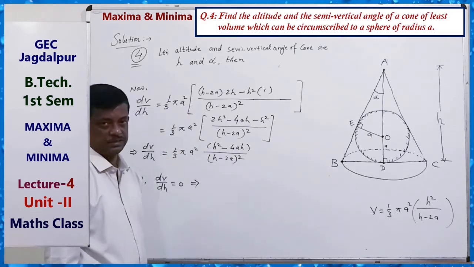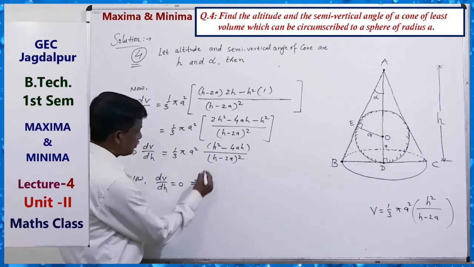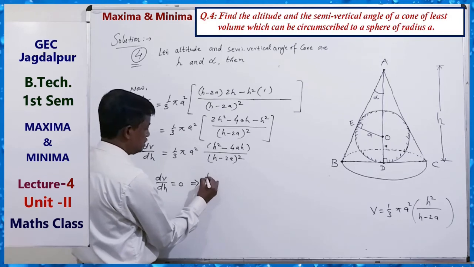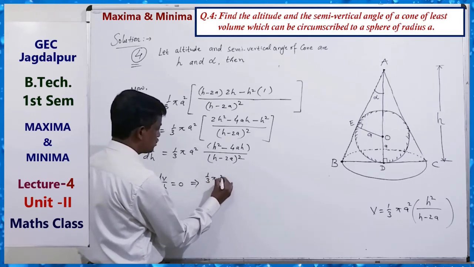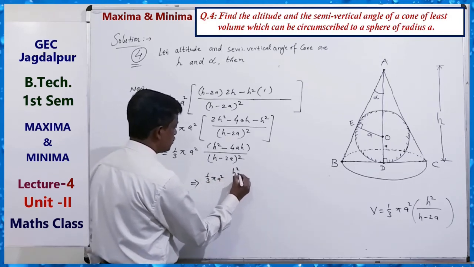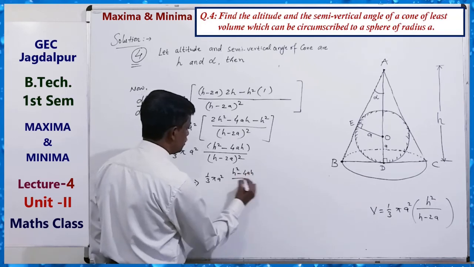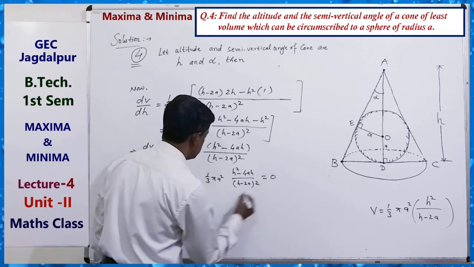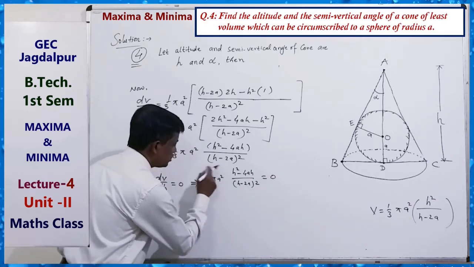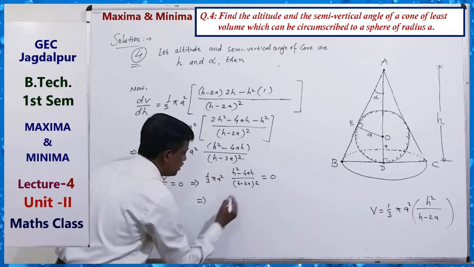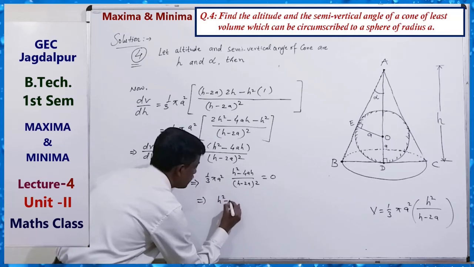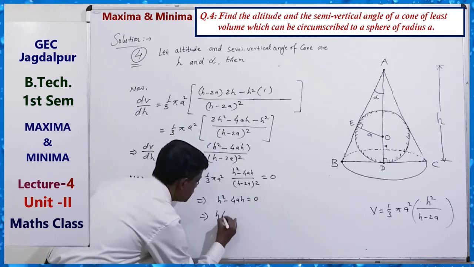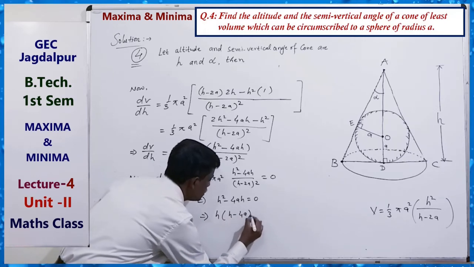So 1 by 3 pi a square times h square minus 4ah upon h minus 2a whole square equals 0. The denominator is not 0, so h square minus 4ah equals 0, that is h times h minus 4a equals 0.